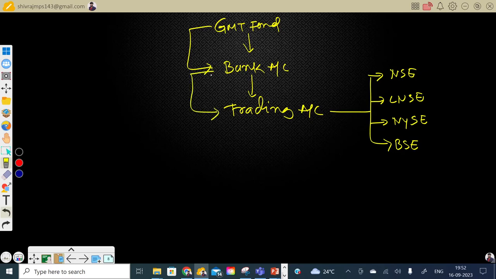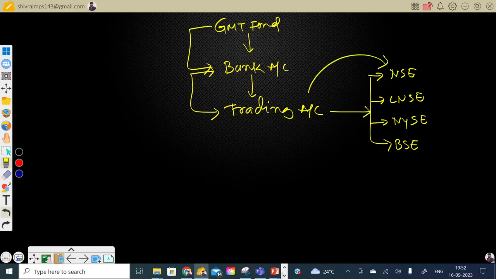Why trading account? Once you have received funds in your bank account, you can add that fund to the trading account, and then you can purchase securities from different marketplaces.